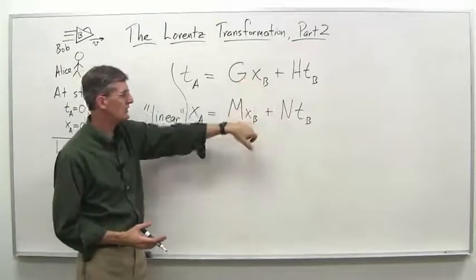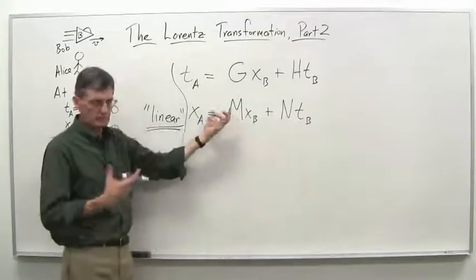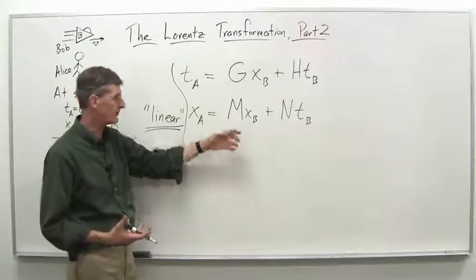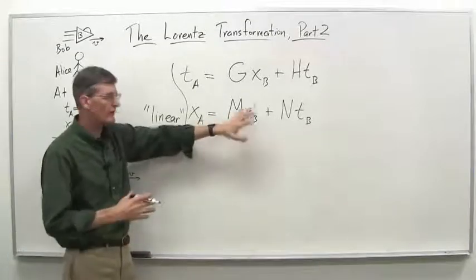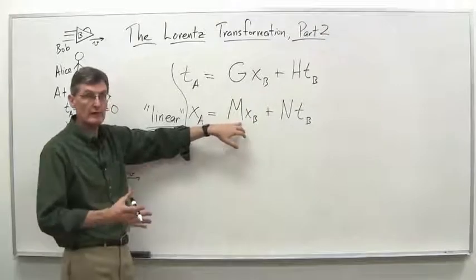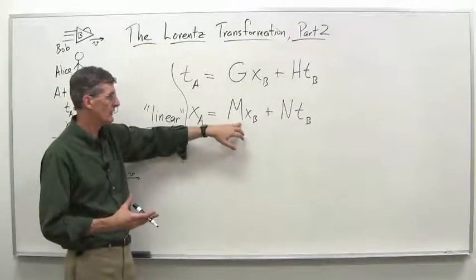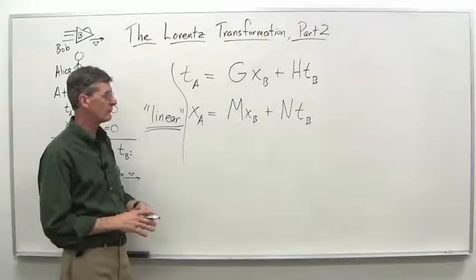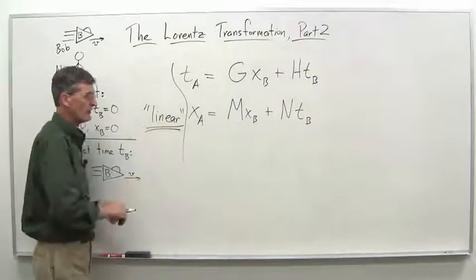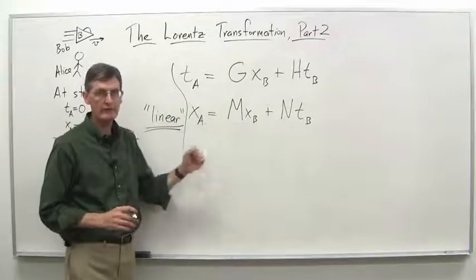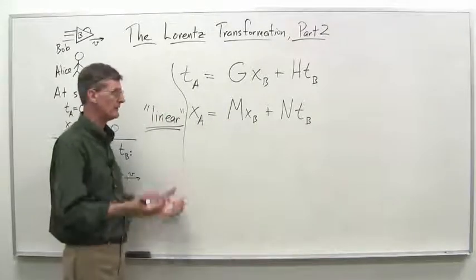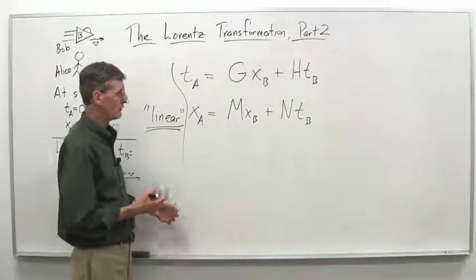And what are the G, H, M, and N? Those are technically coefficients, but they're just values that don't involve XB and TB. They may involve V and C, and they will, in fact, as we'll see in a few minutes, but not XB and TB. It's a linear form because technically these are forms of lines and not parabolas and square root curves, et cetera.